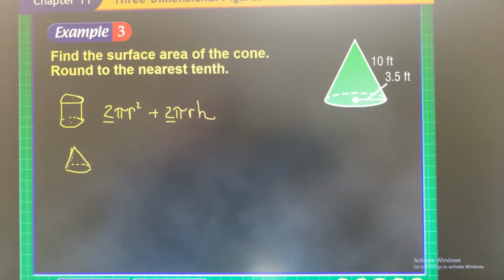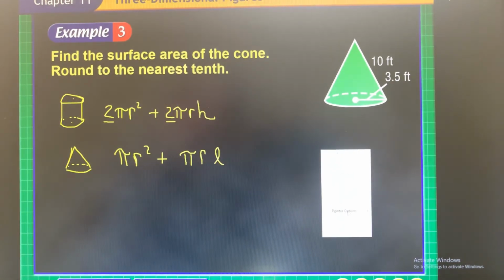For your cone, you have 1 base that's a circle. That's the area of a circle. Plus, you have this unusual shape here that if you cut and flattened out, the formula would be pi r l.